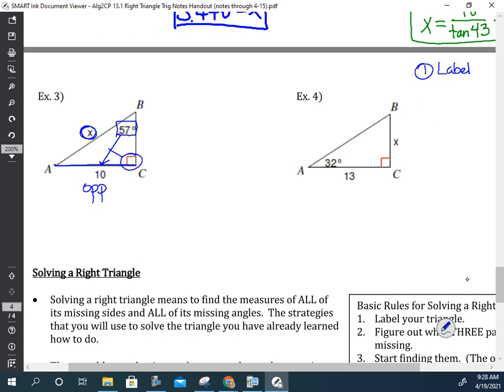Whatever side is across from the right angle is your hypotenuse, which means the side that's left over is the adjacent. So your first step is to label.